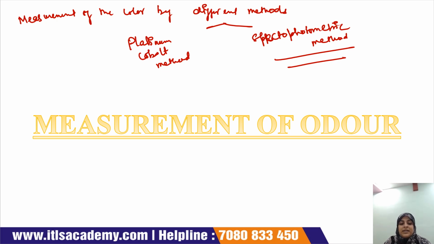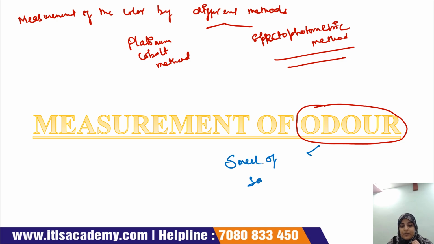Why am I telling you this in today's lecture? Because after the color, the second thing that comes to the mind of the consumer is odor. Odor simply means the smell of something.